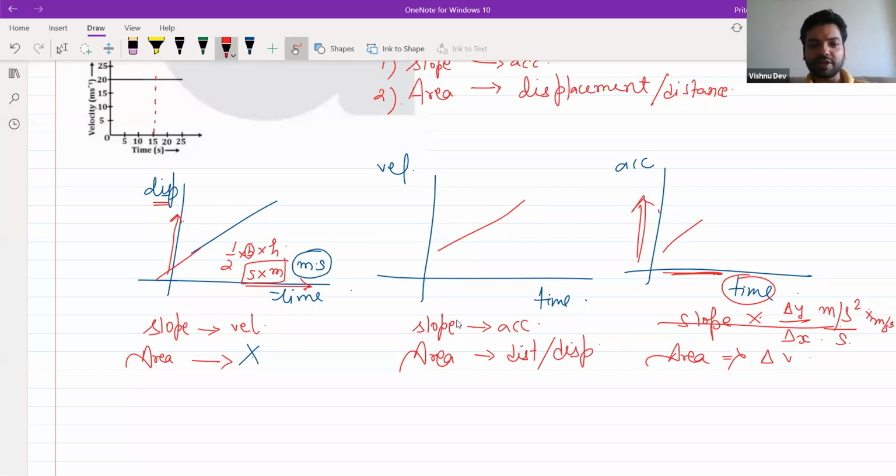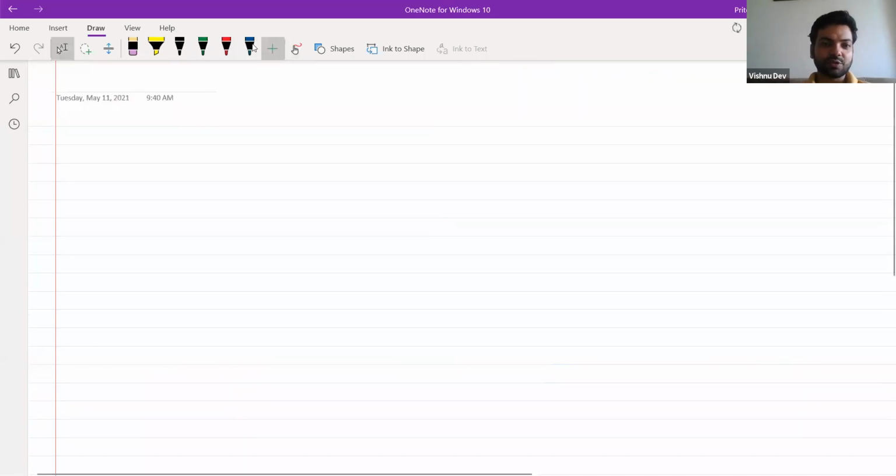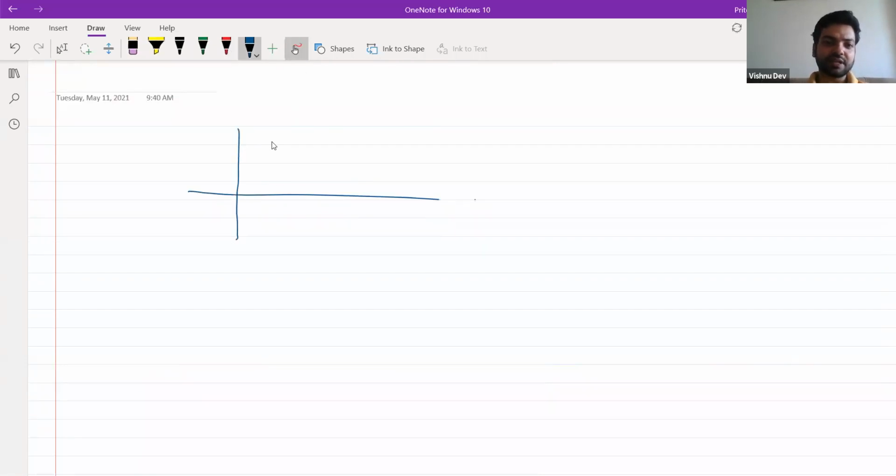One question came to my mind, where we will be able to distinguish distance and displacement in a velocity time graph. Listen to the question carefully. Let's say we have this graph. This is 10 meter per second, and this is minus 10 meter per second, and on the time axis this is 5 seconds, this is 10 seconds, and this is 0.